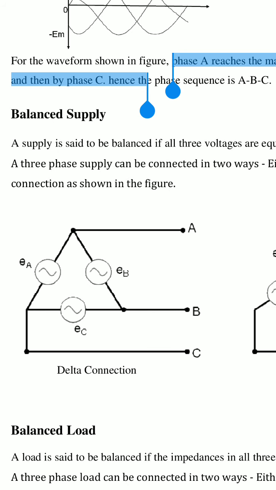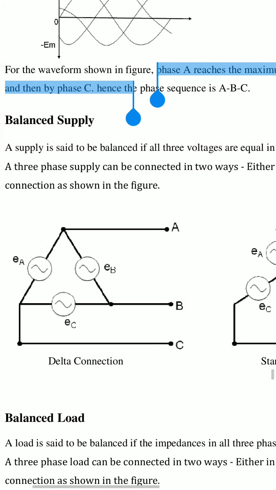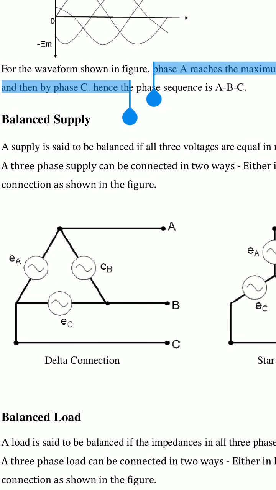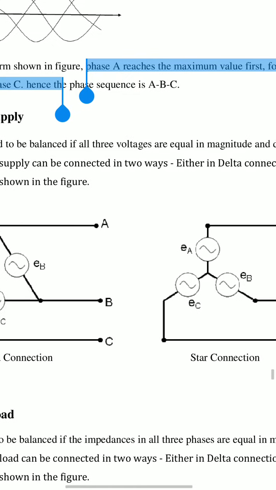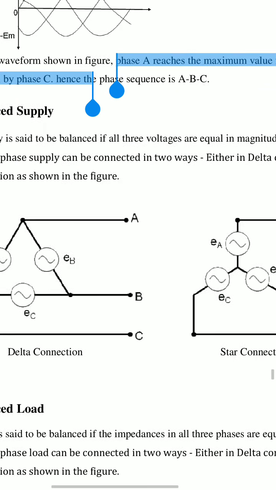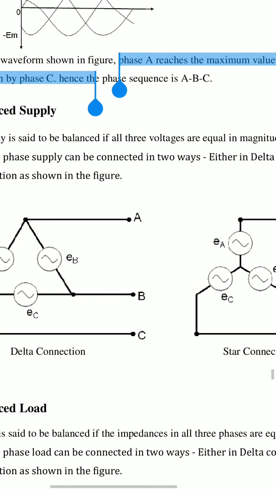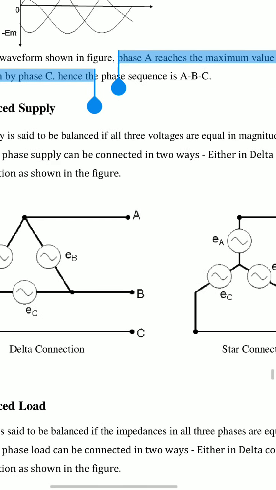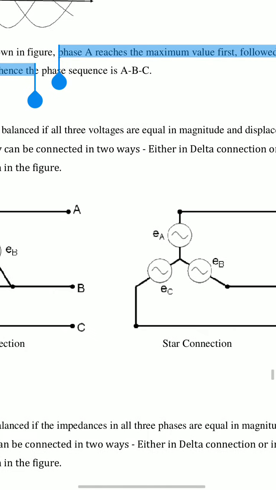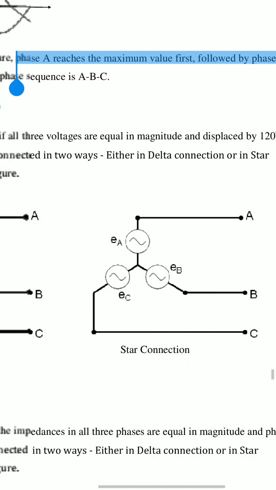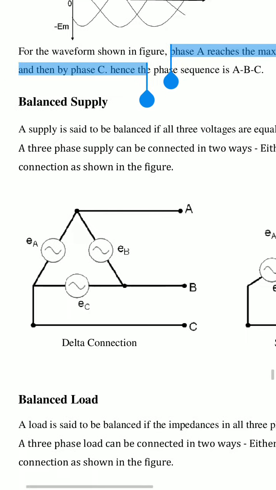A supply is said to be balanced if all three voltages are equal in magnitude and displaced by 120 degrees.